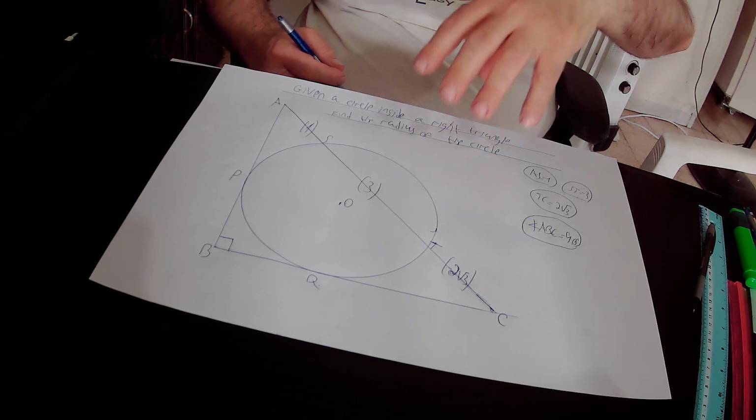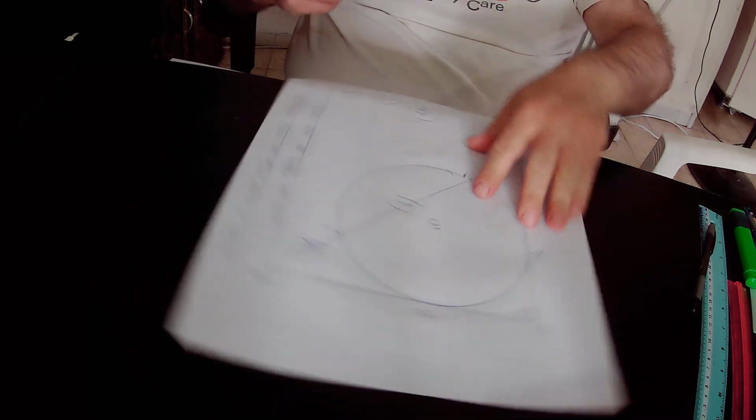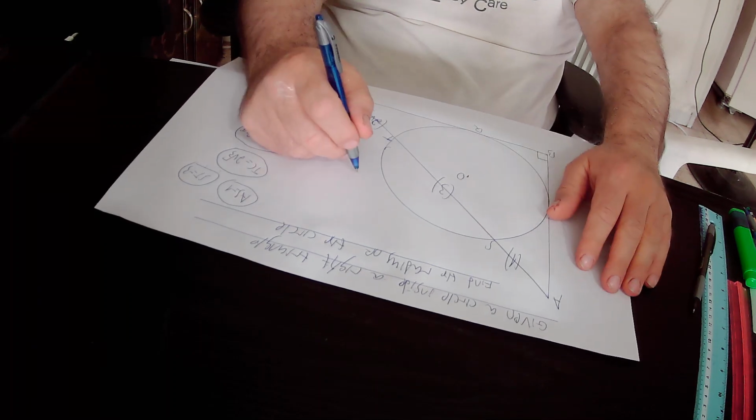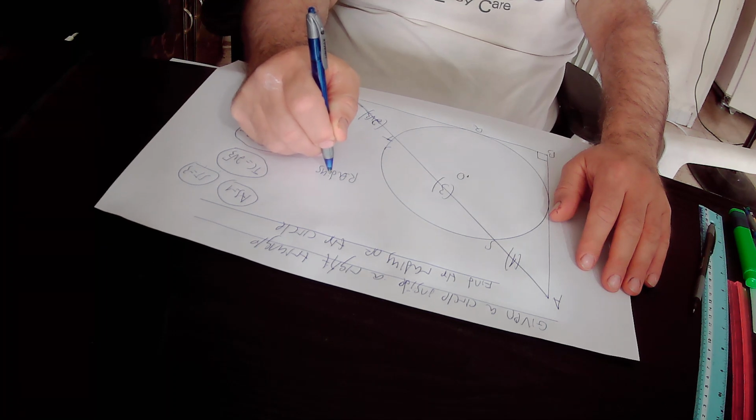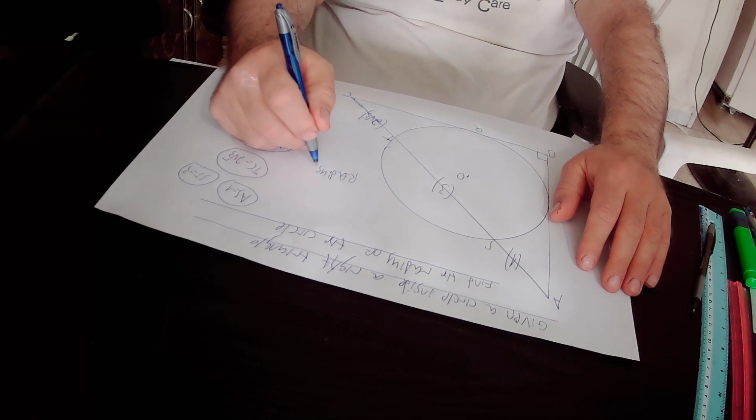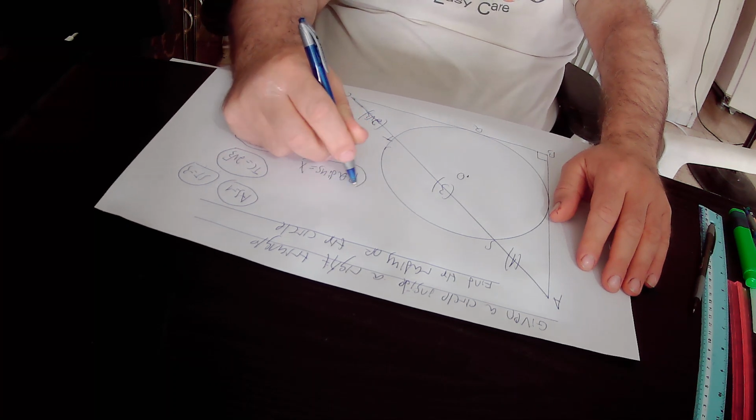So we define the radius of this circle as x. So our mission is to find out the value of x. The radius of this circle is equal to x according to our definition.